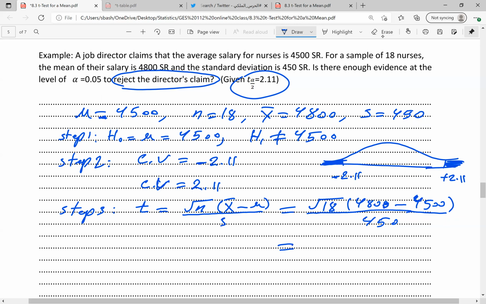This is equal to 300 multiplied by square root of 18 divided by 450. It is 2.82.